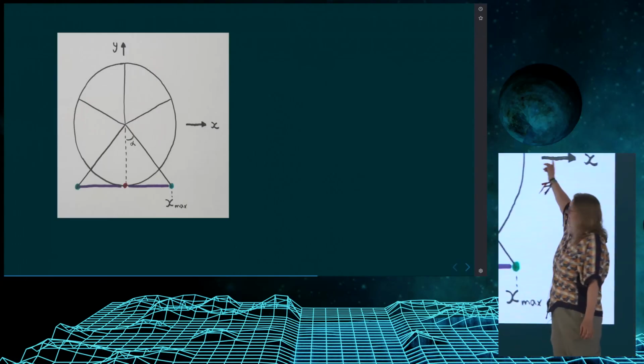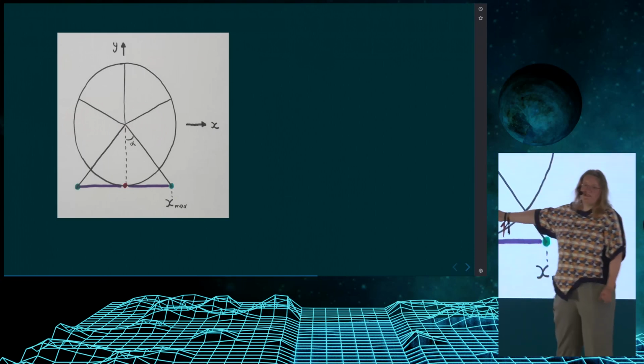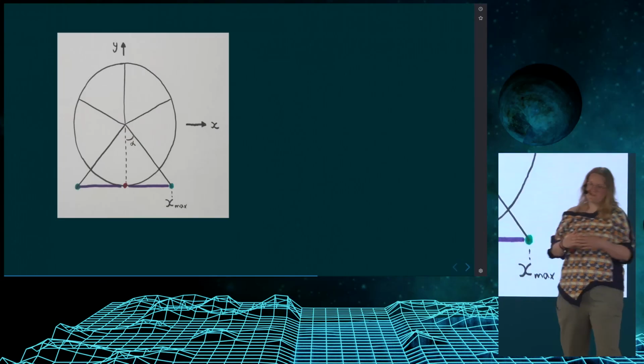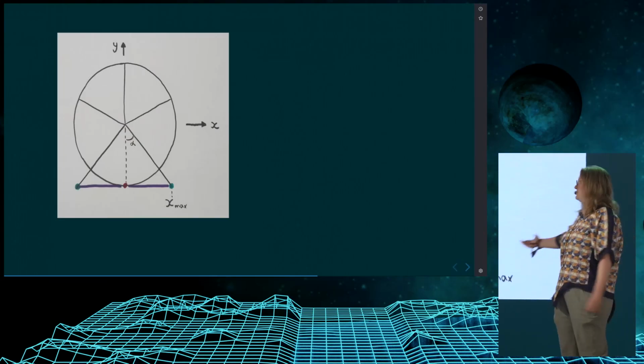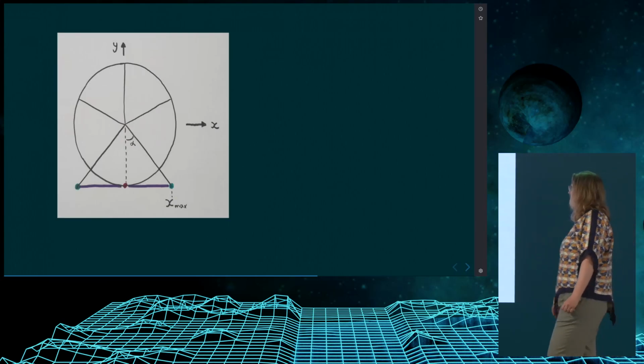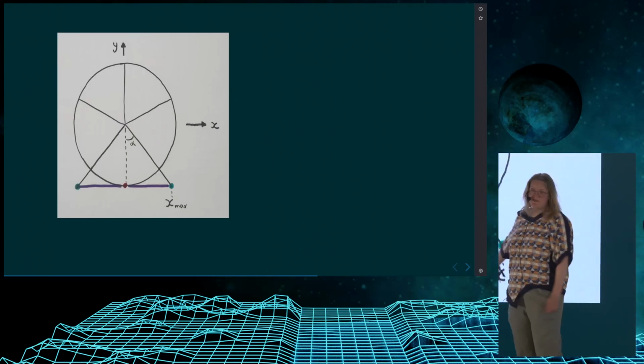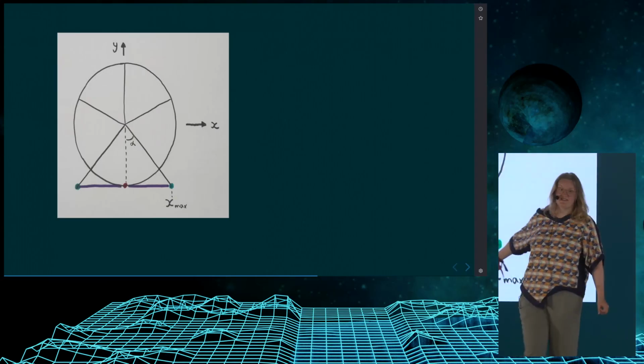In this circle, if you see this angle, it's clearly related to the radius of the sphere, so 2 pi divided by the number of polygons you want, divided by another half. And if you have this angle, then it's quite easy to figure out what Xmax is.